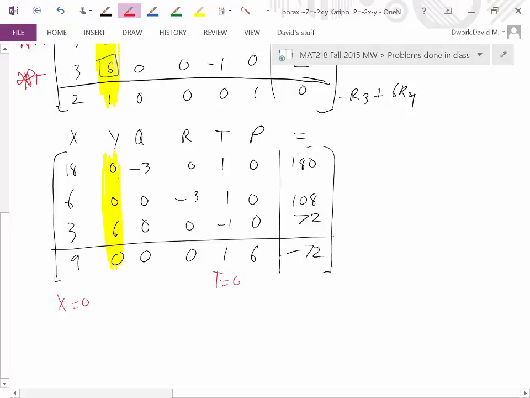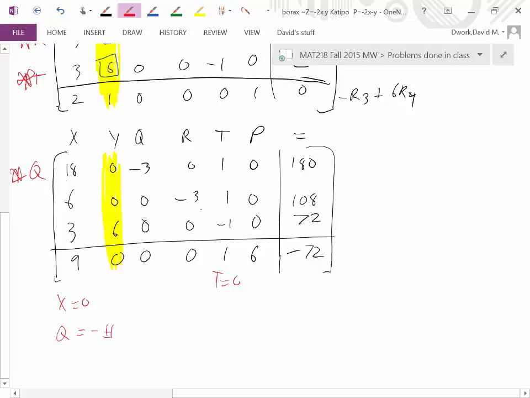So let's check the rest of the stuff. Okay, so now as I read across, let's see, 0 plus 0 plus a negative 3, 180. So this row is still giving me q, and we can see q is still a negative number, so that's still getting starred. Okay, my middle row, when I read across, that's a 0 plus 0 plus 0 plus a negative 3, 0. So that's another negative number.